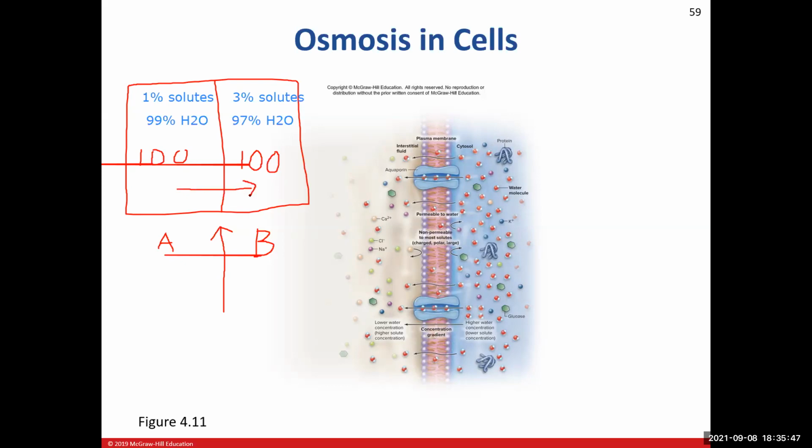So now look up here at the solutes. 1% solutes, 3% solutes. So if water is going to move from compartment A into compartment B, water is going to go from an area where there's only 1% solutes to an area where there's 3% solutes. It's going to move to the area where there's more solutes.